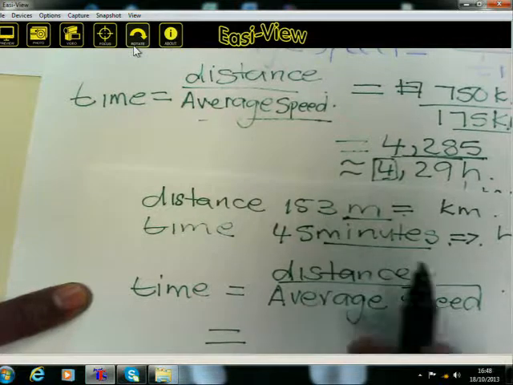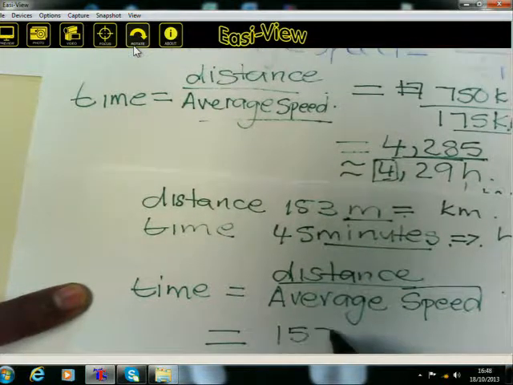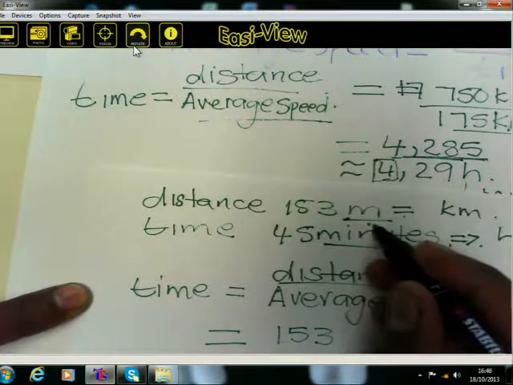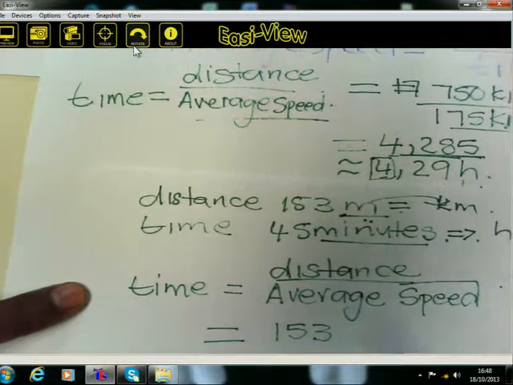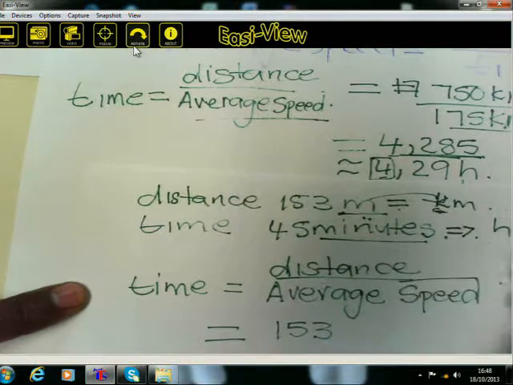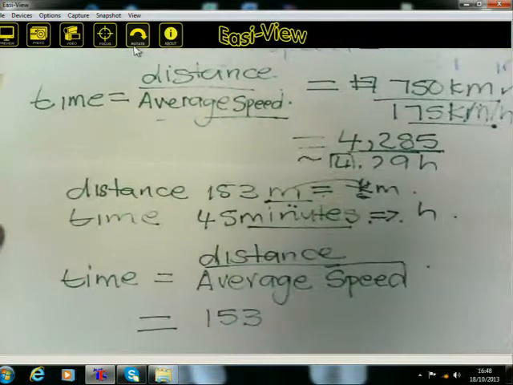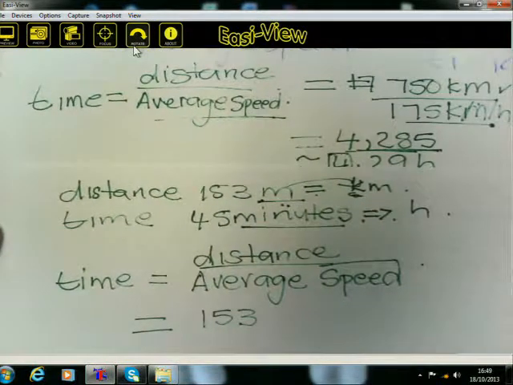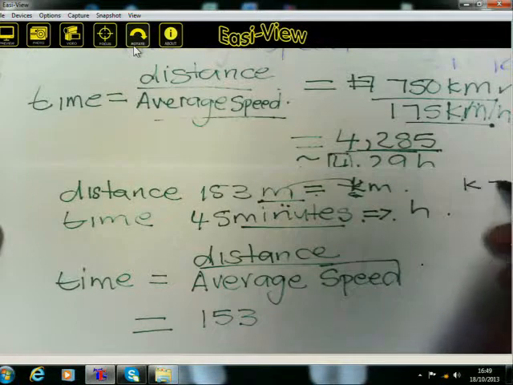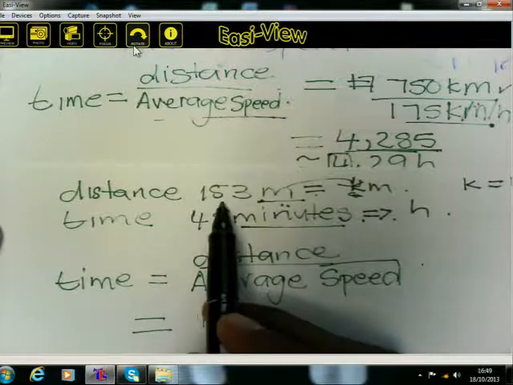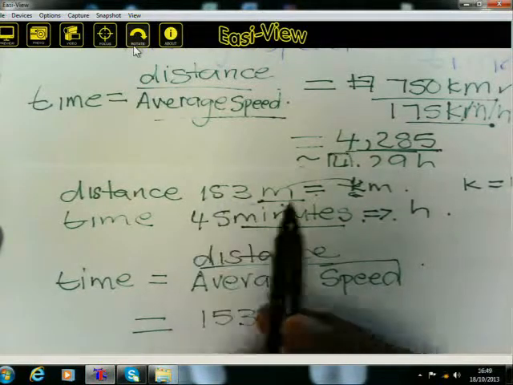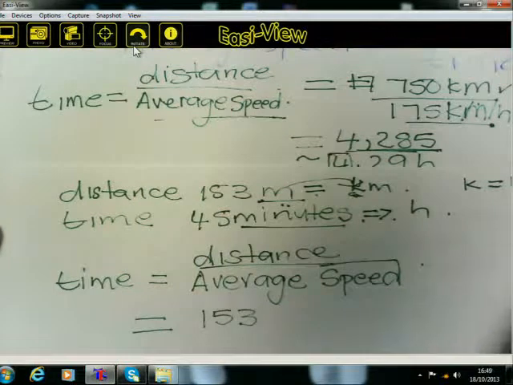Therefore, distance is 153 meters. But remember, we must convert meters to kilometers. And remember, this K stands for 1,000, which means you are going to multiply this 153 by 1,000.